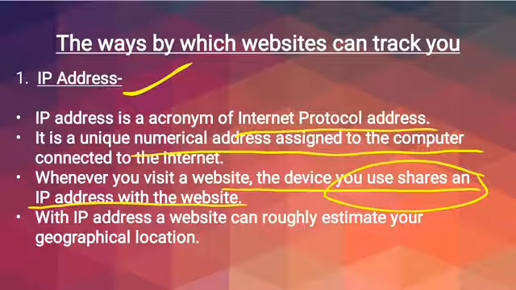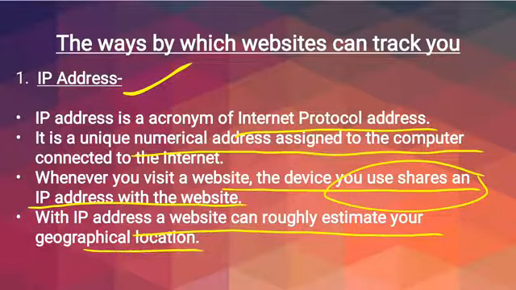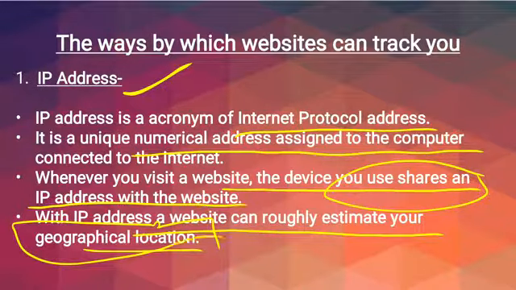With an IP address, a website can roughly estimate your geographical location, that is, where you are at the particular time you are using the internet. Geographical location means the place where you are living or sitting right now.